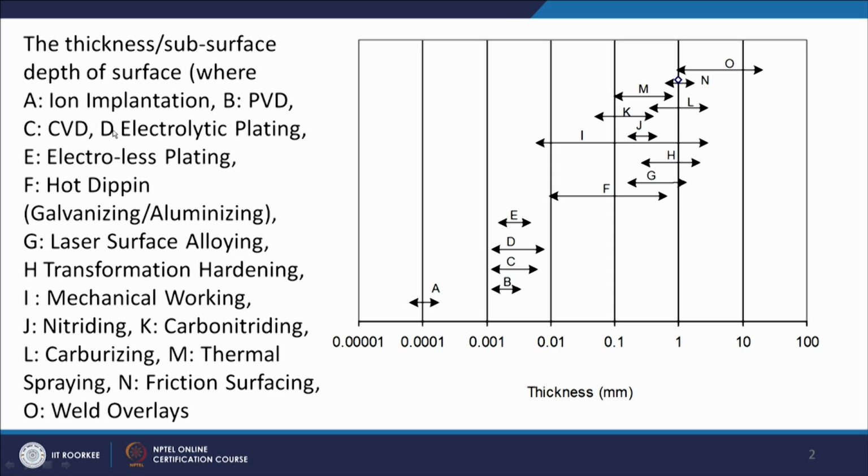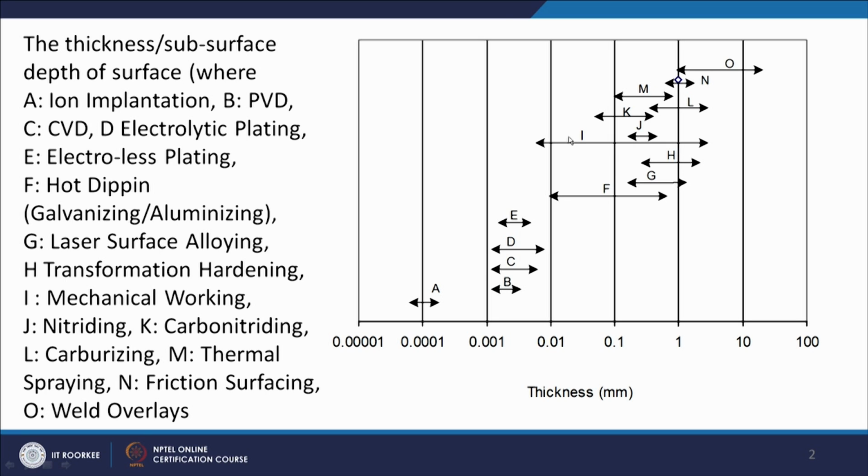Process D is electrolytic plating, electroless plating is E, and hot dipping, like galvanizing, aluminizing, etc., is for process F, which offers a greater thickness of about 1 mm. Then laser surface alloying and transformation hardening, like induction hardening and flame hardening, are G and H. G is for laser alloying and H is for transformation hardening.